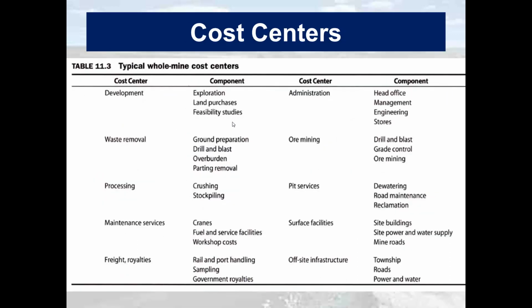Shown on this slide is table 11.3 from page 169. When you do a whole project study, you should build your estimates based on cost centers or groups of activities related by function. Within each cost center, a budget can be determined to include equipment, operating costs, labor, and capital expenditure.